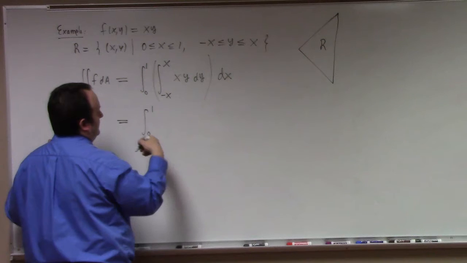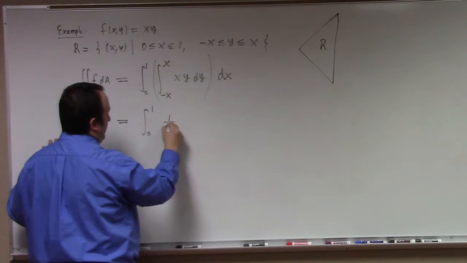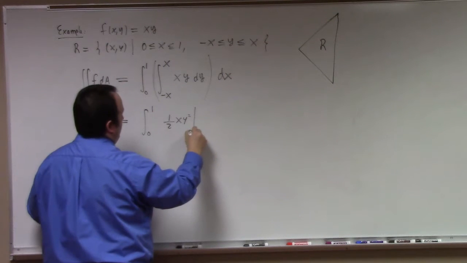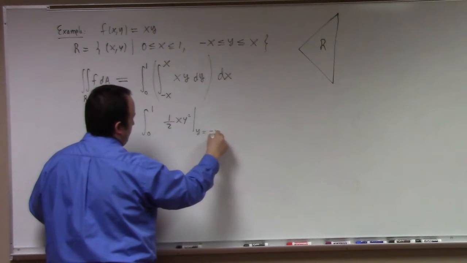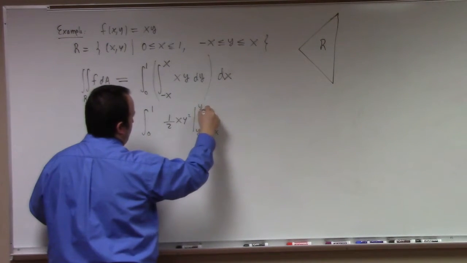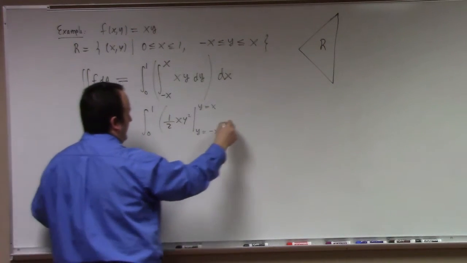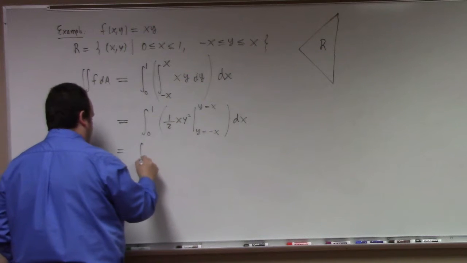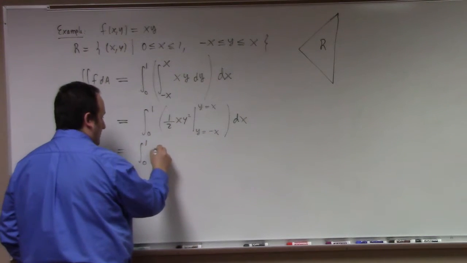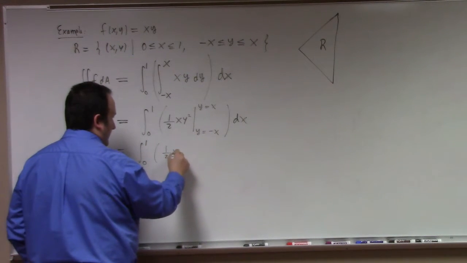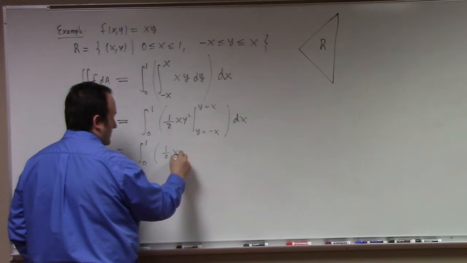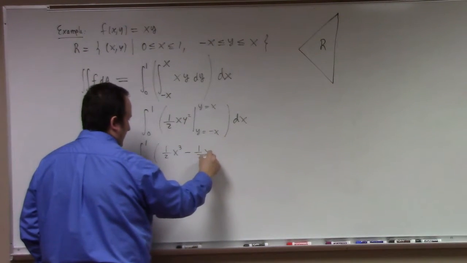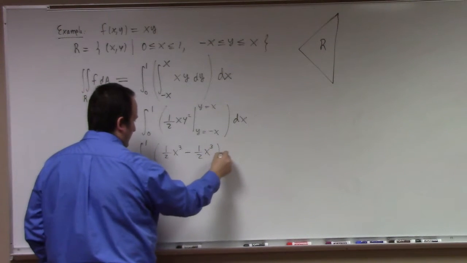Let's see here. So integrate with respect to y, I get 1/2 x y squared. I have to evaluate that from y equals minus x, that's my lower bound, to my upper bound y equals x. Remember the fundamental theorem of calculus, take the difference of those. So I've got the integral from 0 to 1 of 1/2 x cubed minus 1/2 x cubed.